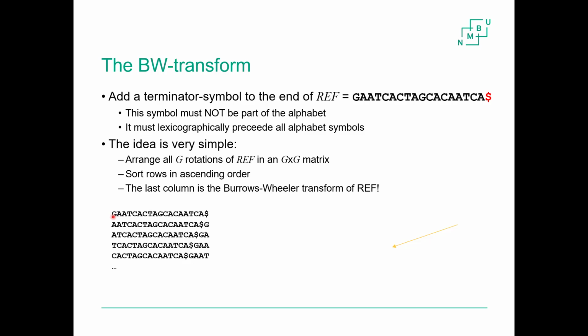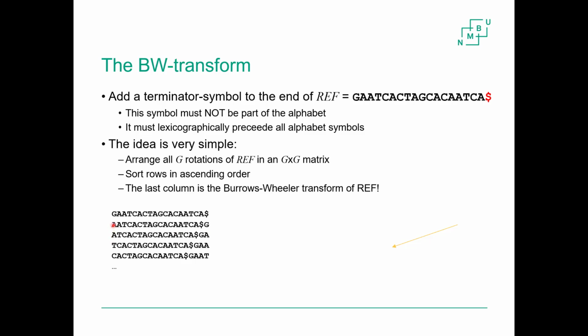Here we can see that this is the original reference sequence, right? Like it is here. What is meant by a rotation? A rotation means you take the first symbol and you just place it at the end, and then you shift everything one position to the left. And then you have this one, right? The second one here. This is the first rotation. And then you do the same again.